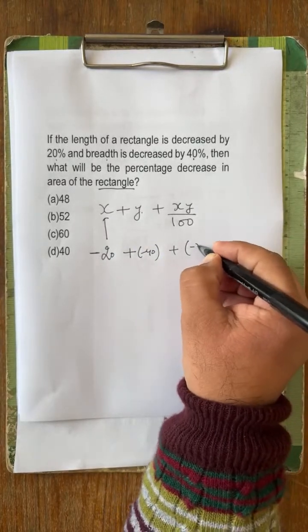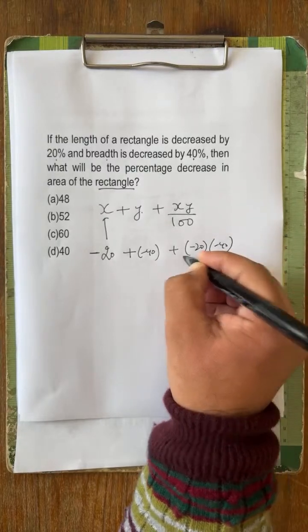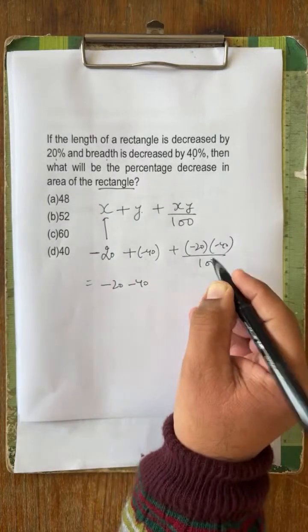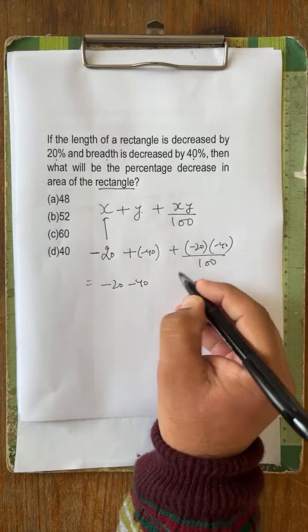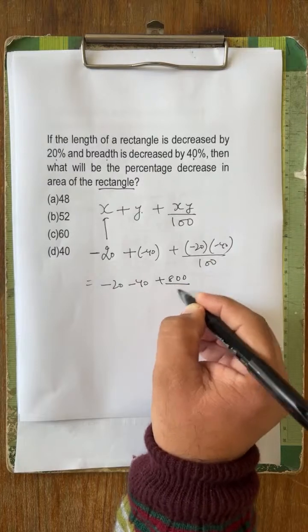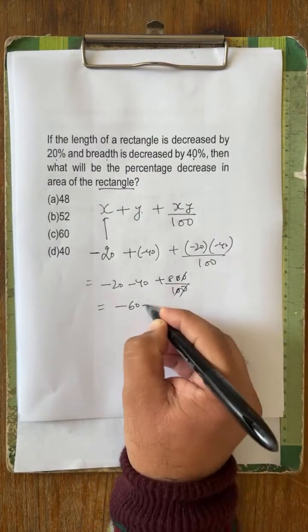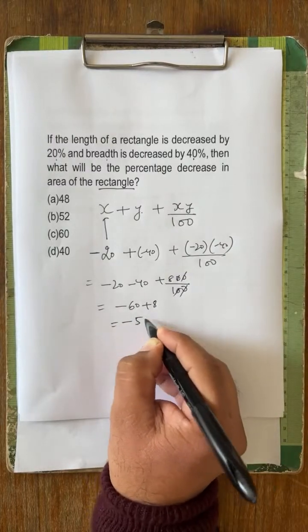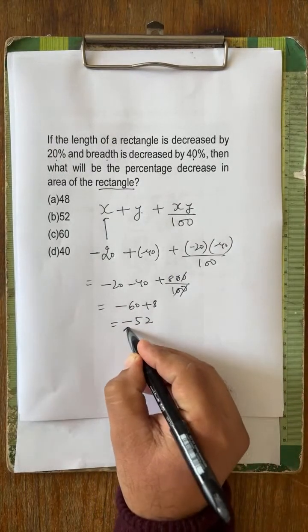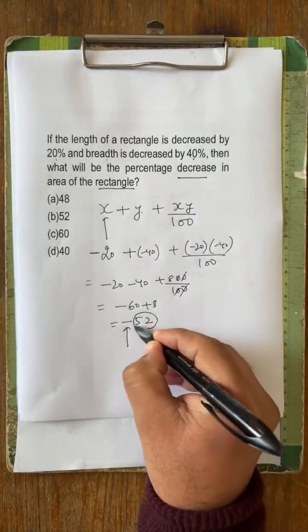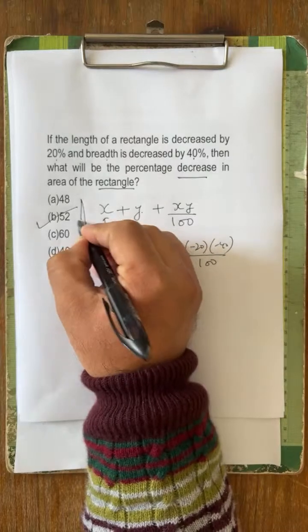Similarly, here also, upon 100. This will be minus 20 minus 40, minus 20 into minus 40 will be plus 800 upon 100. This will be minus 60. This cancels, plus 8 is equal to minus 52. Now this minus shows there is a decrease and this 52 is the correct answer.